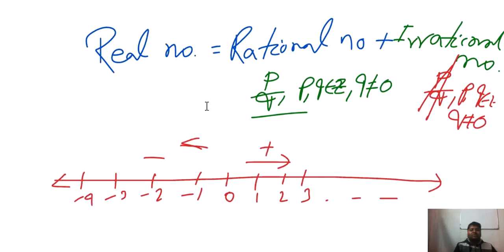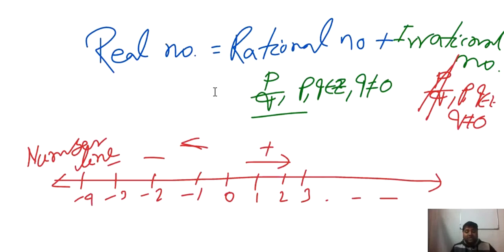All numbers can be represented on a number line, and any number we find on the number line is a real number.